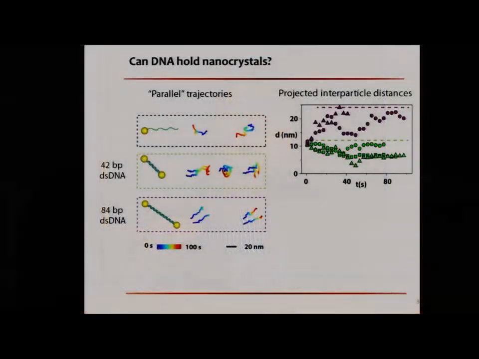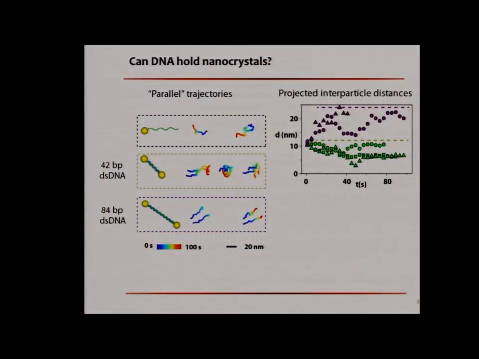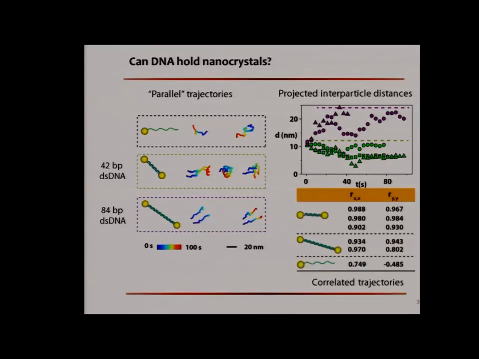We can look more closely into the projected interparticle distance. The projected interparticle distance is fluctuating because our dimers are rotating. But still, the maximum of the projected interparticle distance of a shorter dimer is half as much as that for the longer dimer, which is consistent with our DNA design. Finally, we can look into the correlations of the trajectories.